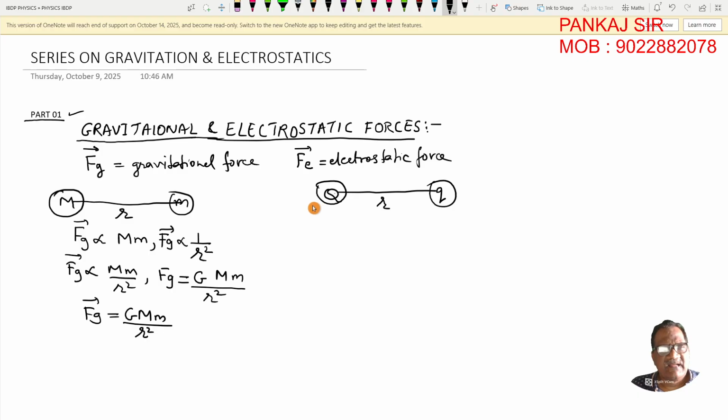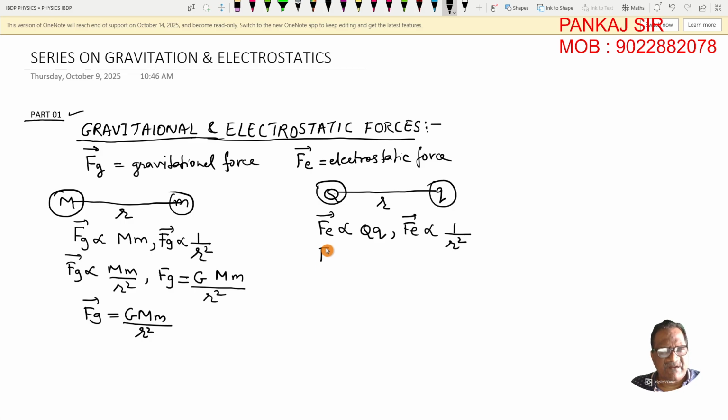Then the electrostatic force Fe will be directly proportional to the product of the two charges, Q times small q. Also, this electrostatic force will be inversely proportional to the square of the distance between the two charges, r square.